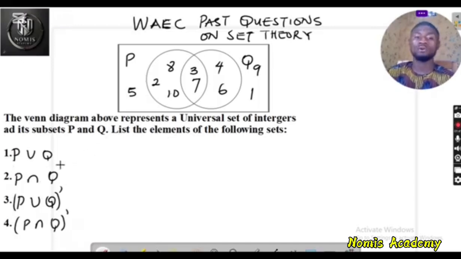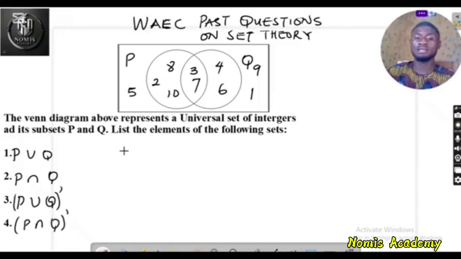Number 1, P union Q. Using your knowledge of Venn diagrams that we've learned previously from the videos, P union Q is to add the elements of P and the elements of Q together without repeating an element twice.